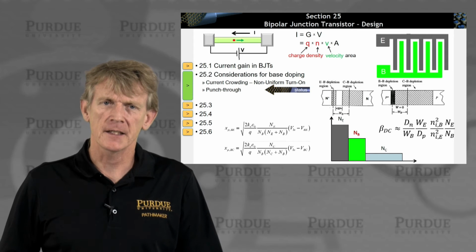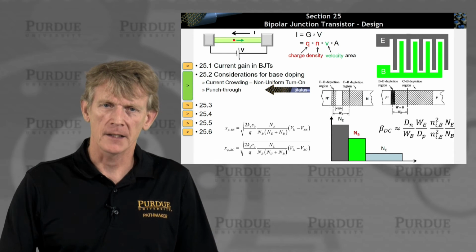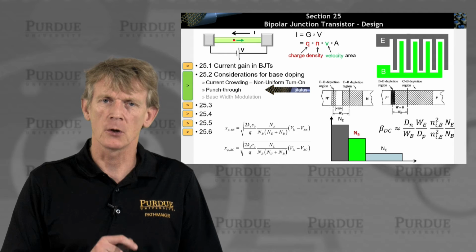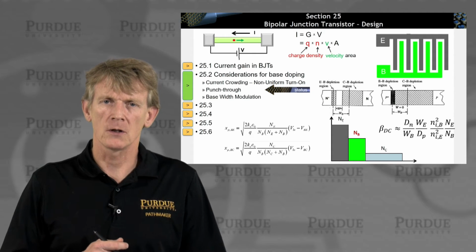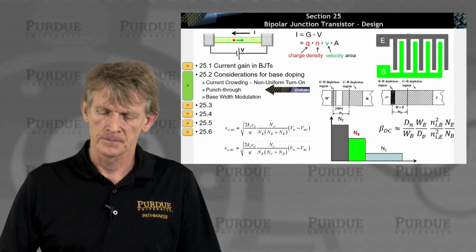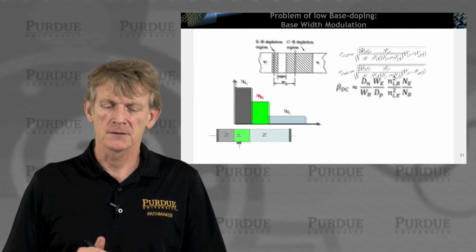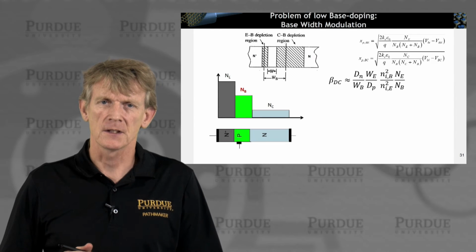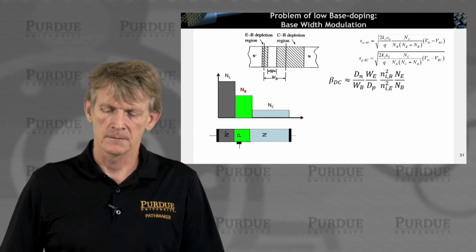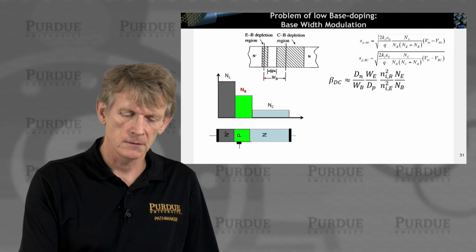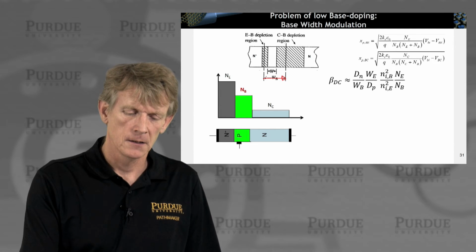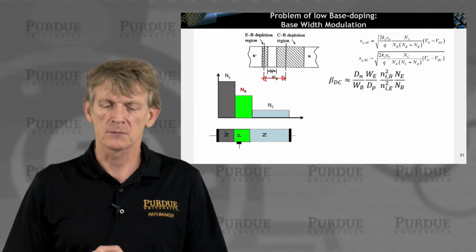Let's look at the next effect that can wreak havoc if you dope too low, and that's called base width modulation. Again, I'm starting from these sketches here of a dependence on bias on this electrical base width. Okay, so the metallurgical junction width might be this big.